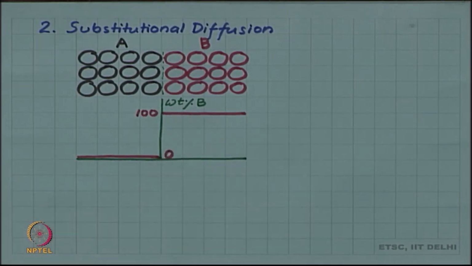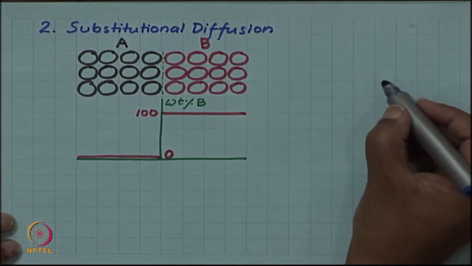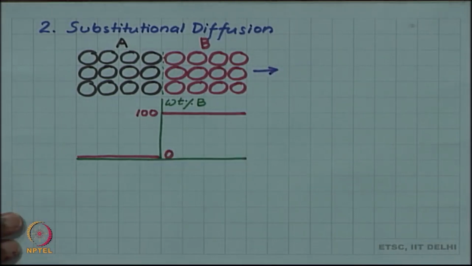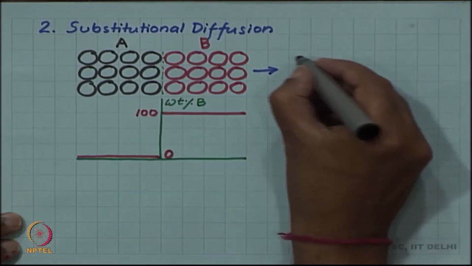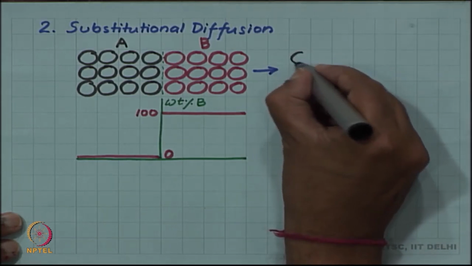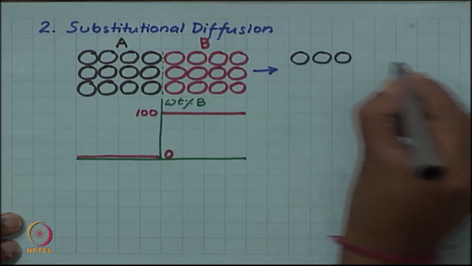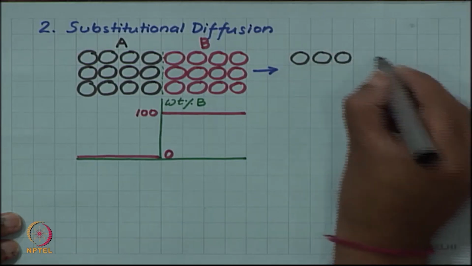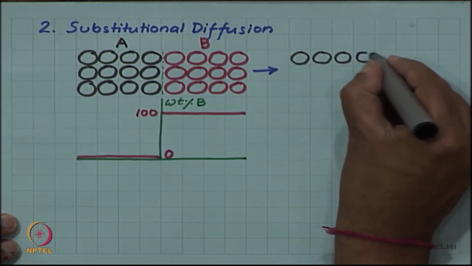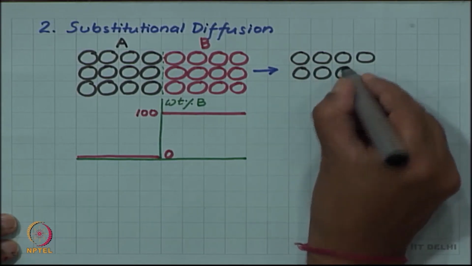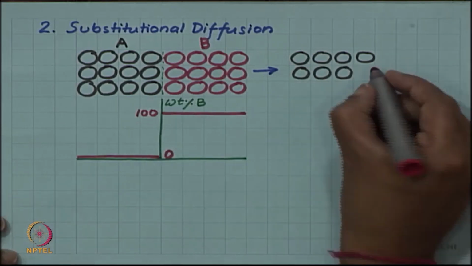So, this is the initial situation, but if you anneal this system, that is if you heat this system in a furnace for some time, you will find that diffusion has happened and the system will evolve to show you that sort of diffusion. So, you will then have some B atom migrating onto the A side.